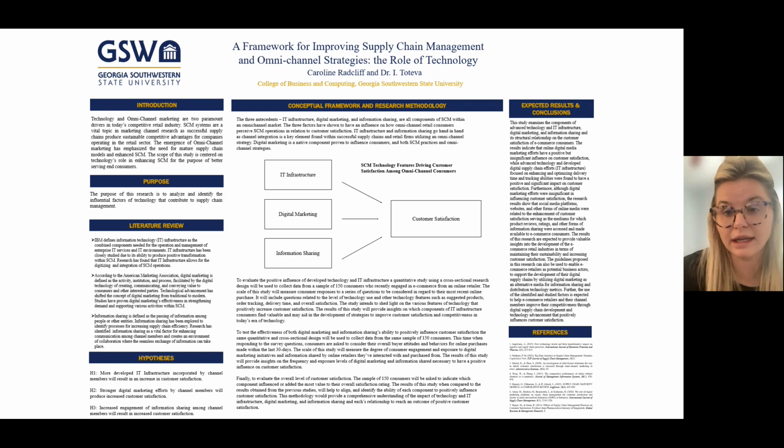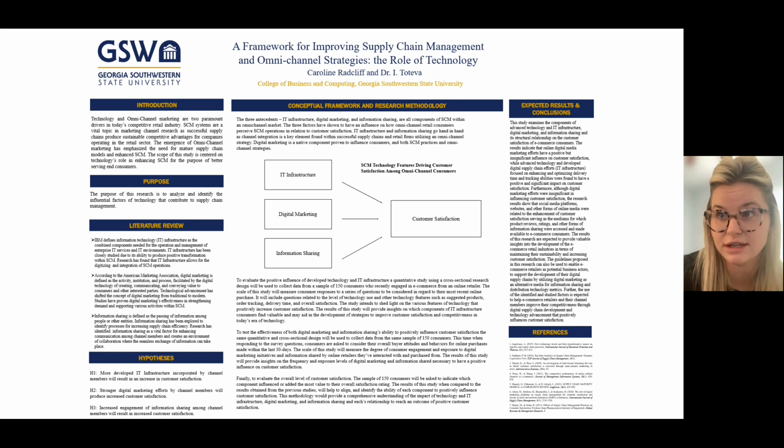Digital marketing and information sharing were, again, using the same form of quantitative design, but were focused on asking those 150 consumers to think of their last or most recent e-commerce retail purchase.